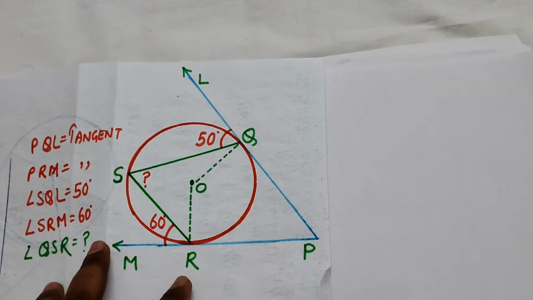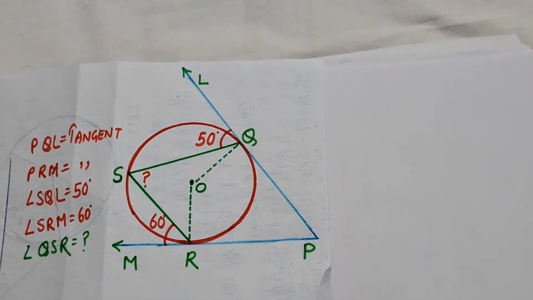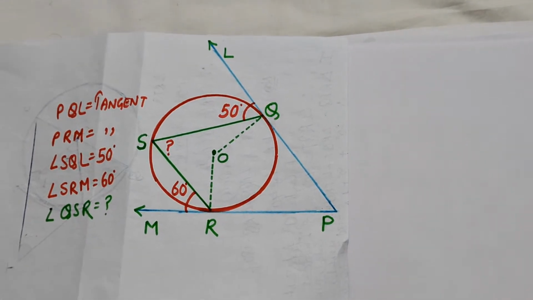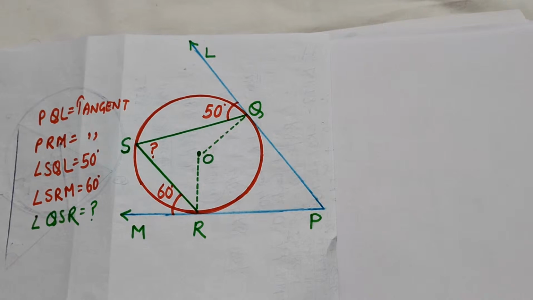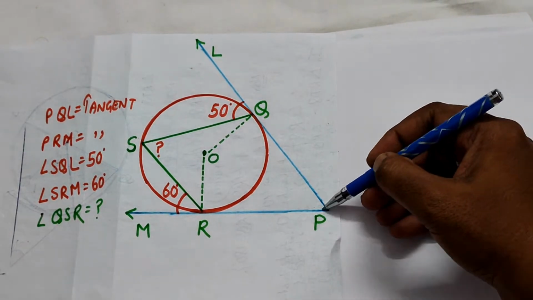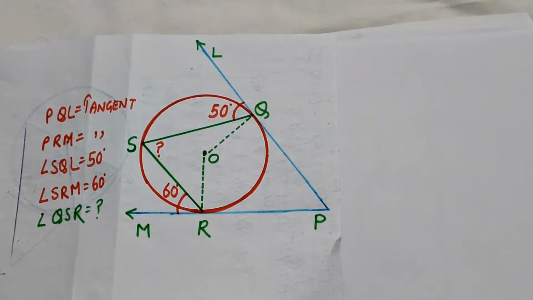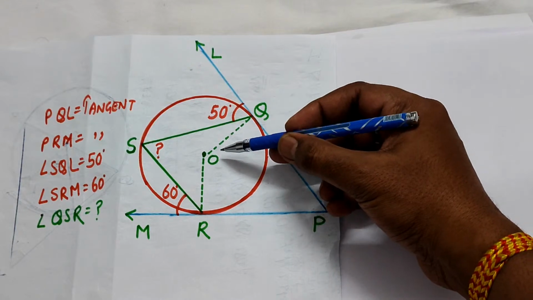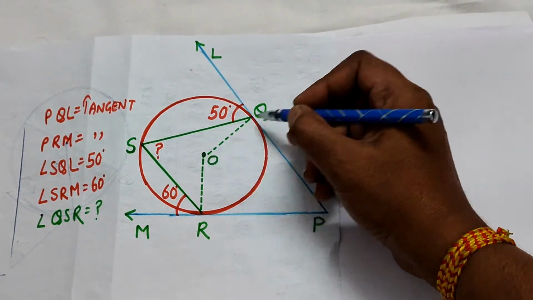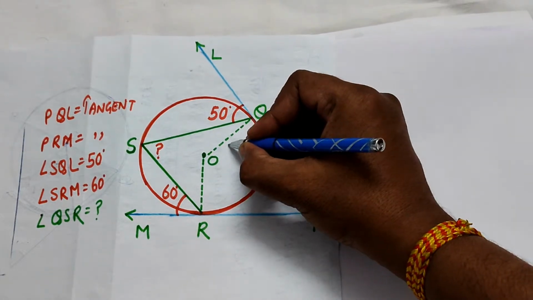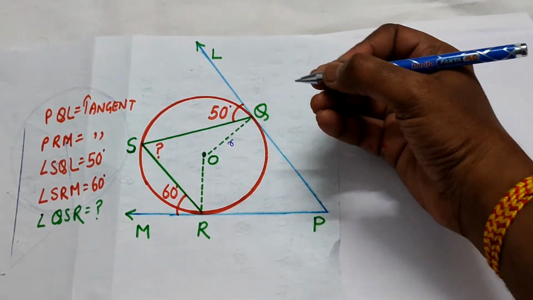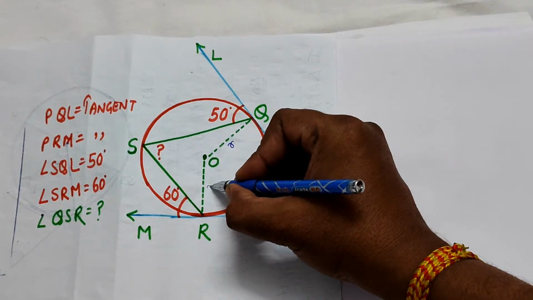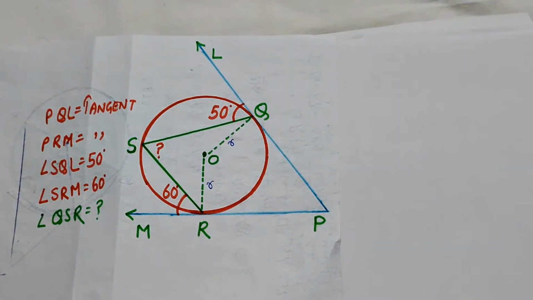So in this question, we see since PQL is tangent, right? And O is the center. O is the center of the circle. Then OQ is the radius. This is the radius R, and this is also a radius R, right?